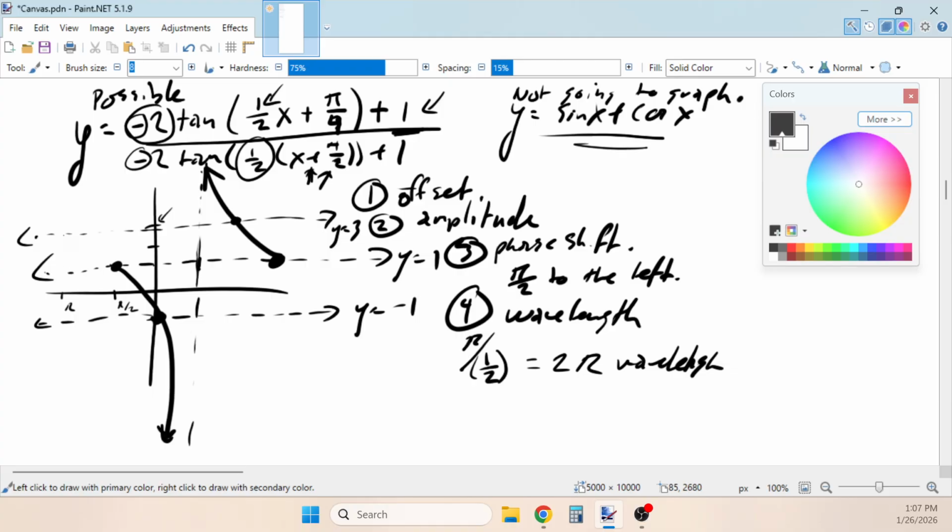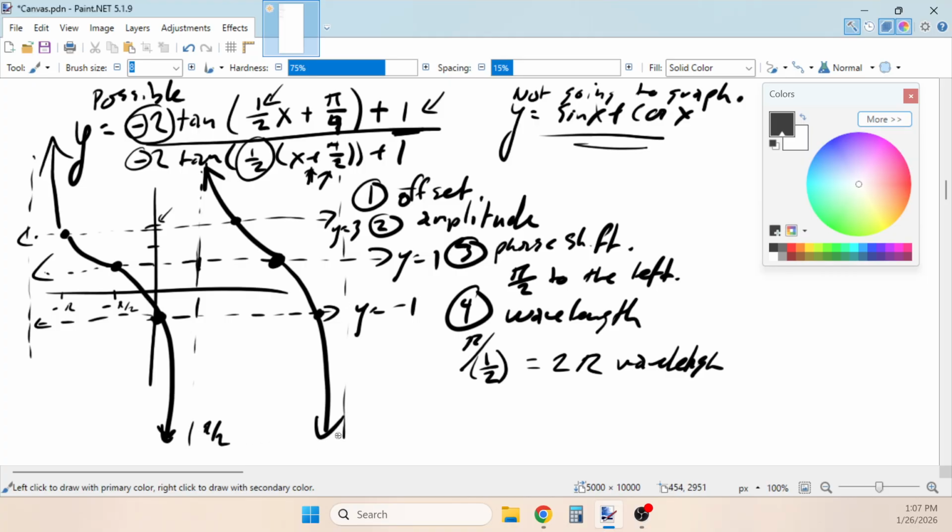So half a wavelength, half of pi, is going to bring me up there and up to infinity at negative 1.5 pi. Here we are going to come down. So this is at pi over 2.